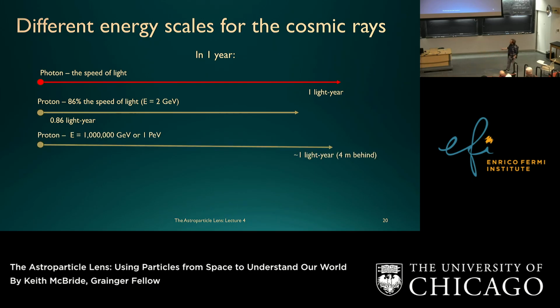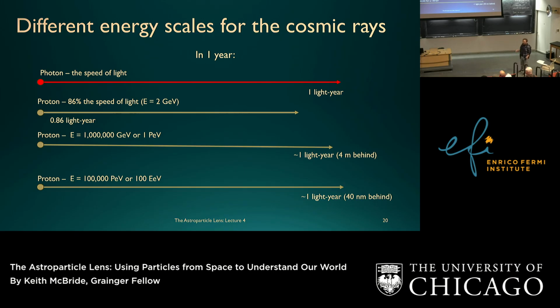And the proton at 1 PeV for a year goes 4 meters behind the light, right? This particle that was measured at Volcano Ranch in 1961 is only 40 nanometers behind.